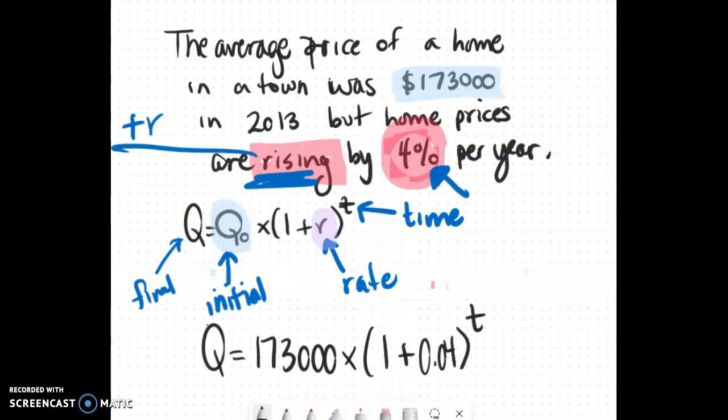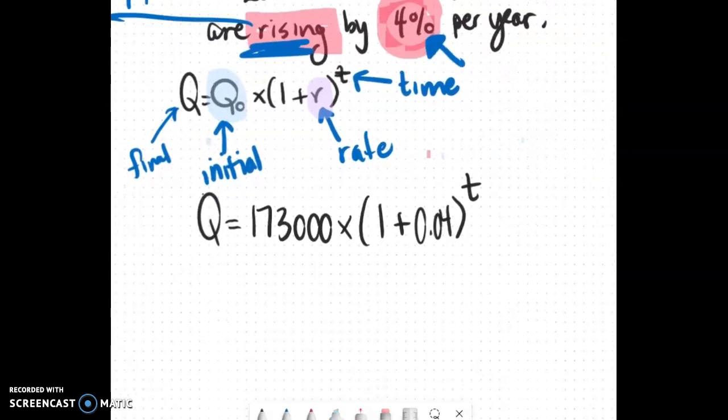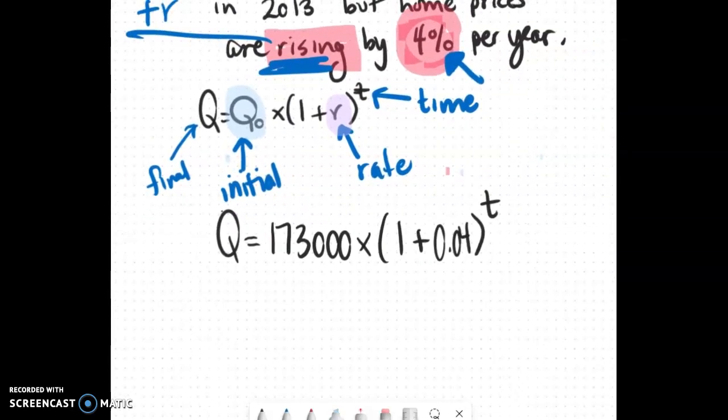This right here is your model. So this is what you put in as the model when it asks you for a model. That's all you need to write in it. Now, when you want to find the average price of a home, let's say they ask for every year for the next 5 years.